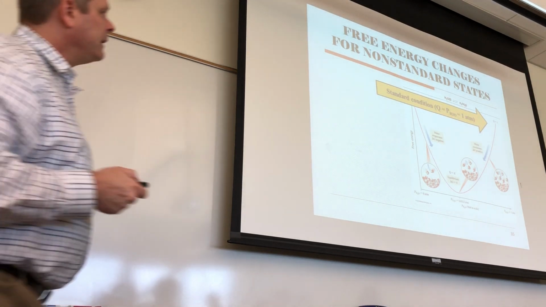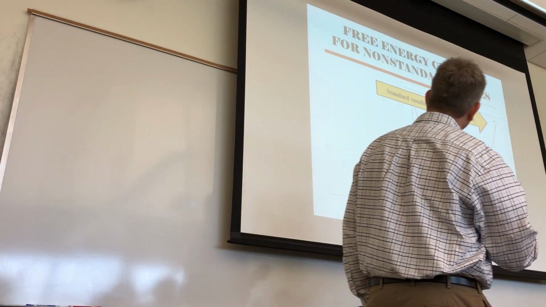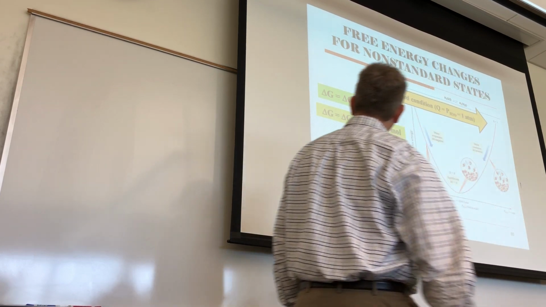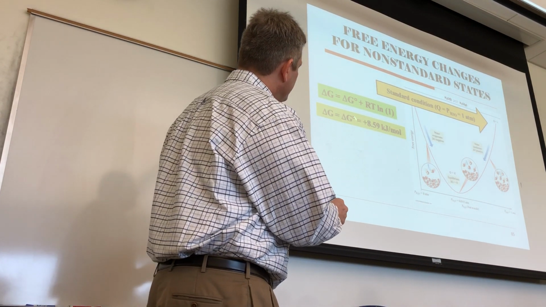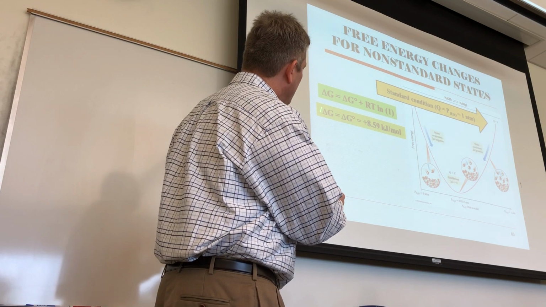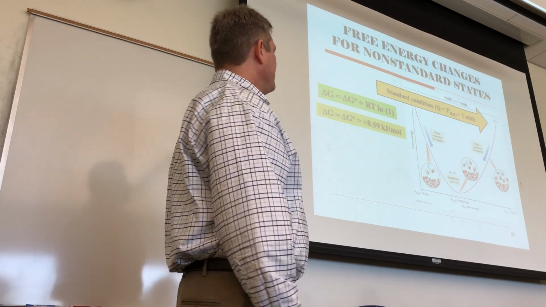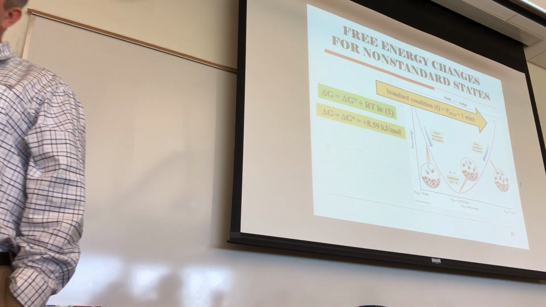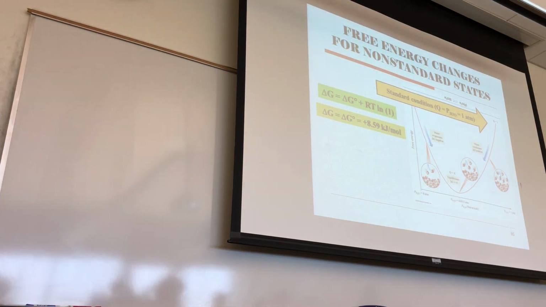So let's real quickly look at when I have 1 atm here, I have my standard conditions, and I plug it in here, and my delta G is equal to my delta G under standard state conditions, which is 8.59 kilojoules per mole. Okay. Which also means what? It's non-spontaneous, right?